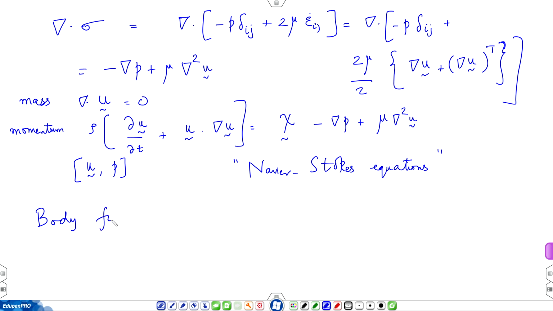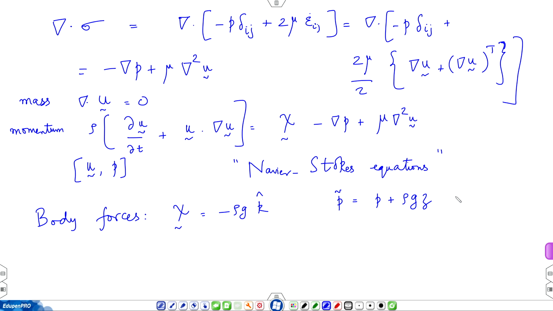So, let us look at body forces. An example of a body force was the gravity field, which we write as minus rho g k. K is a unit vector in the z direction, which is vertically upwards. So, let us say I define a modified pressure as P tilde equal to P plus rho g z.